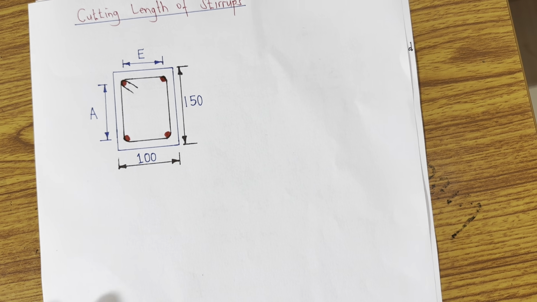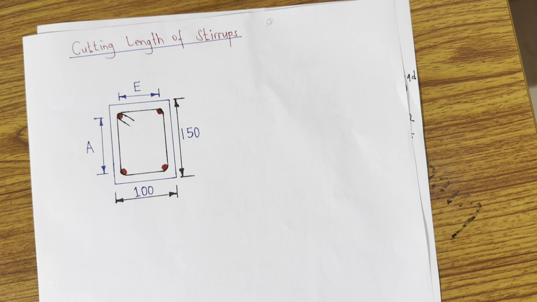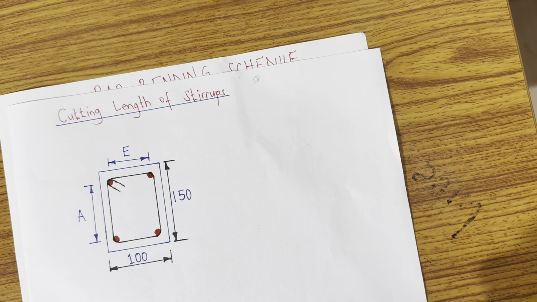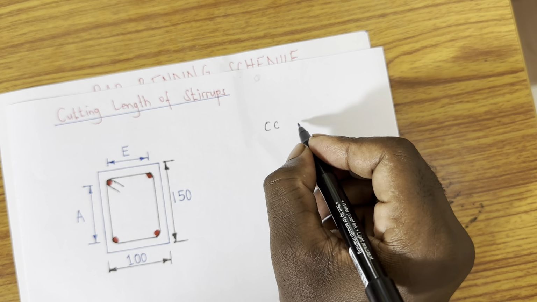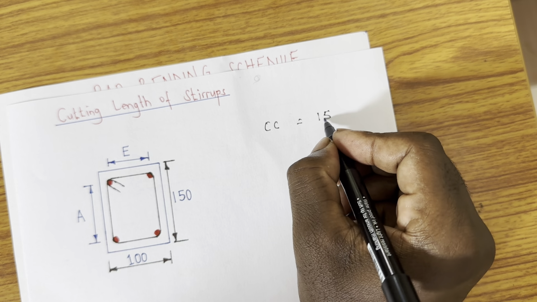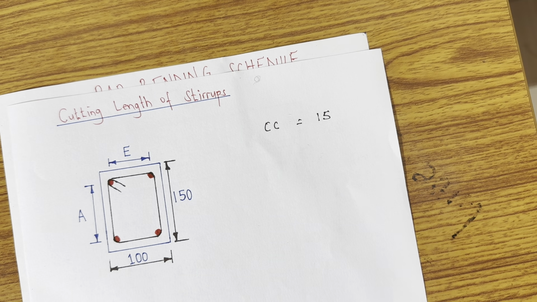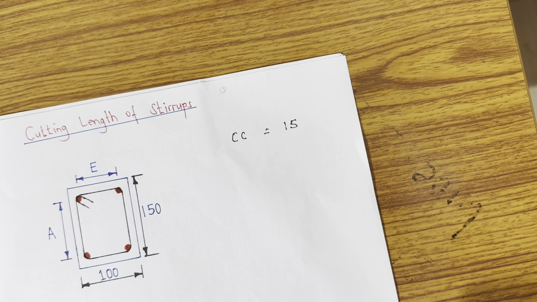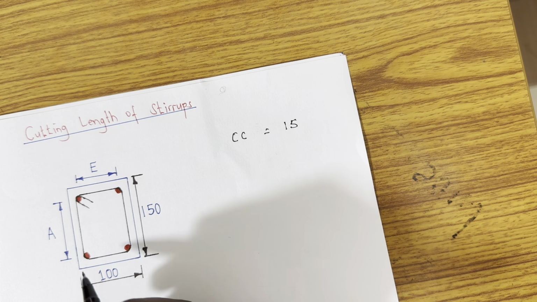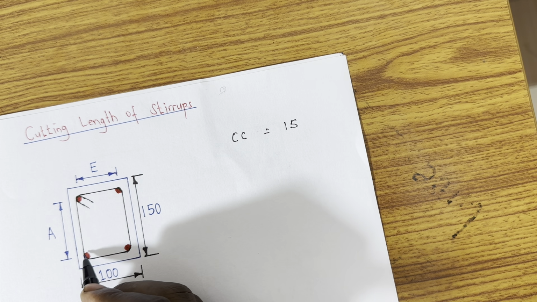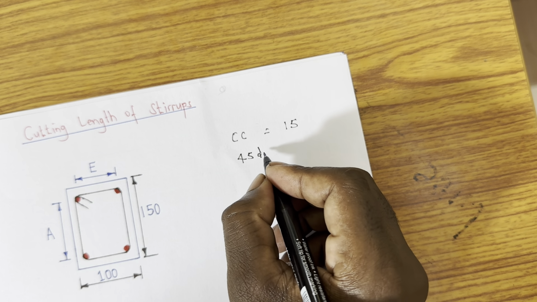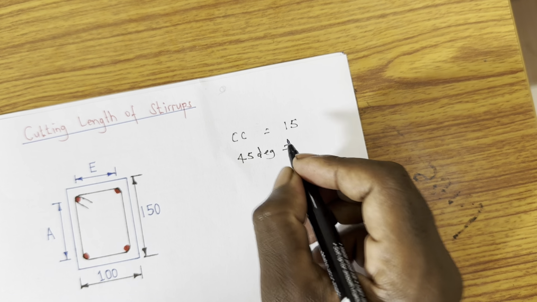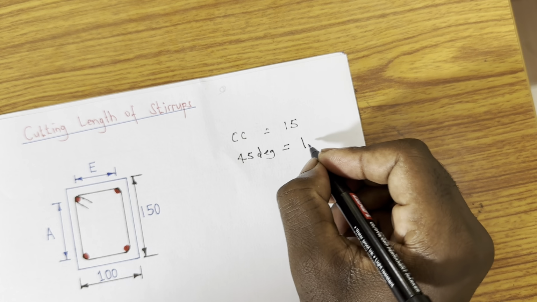So this is our stirrup, and the following things are what we require. Our clear cover still remains 15 millimeter. Okay, then what else do we know? A bend, if a bend is 45 degree, you take it as 1D.